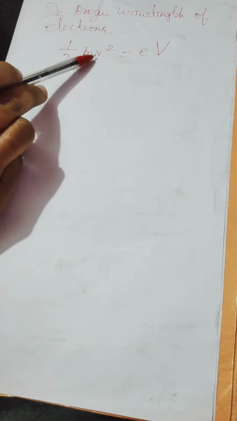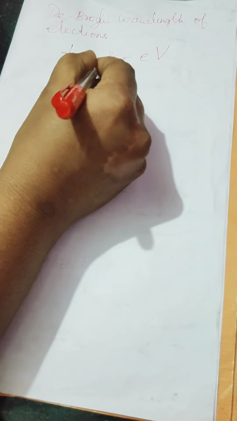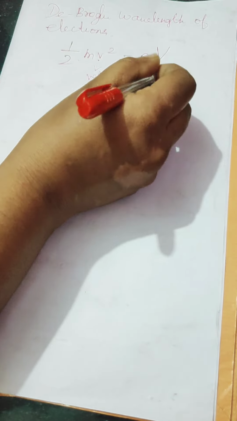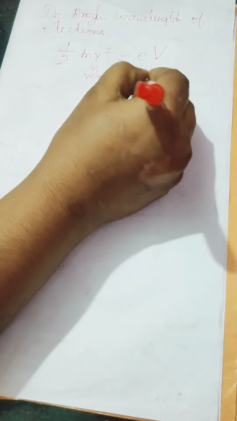So you can write half mv square is equal to eV. So this v clearly denotes the velocity of the electron, and this V denotes potential difference.